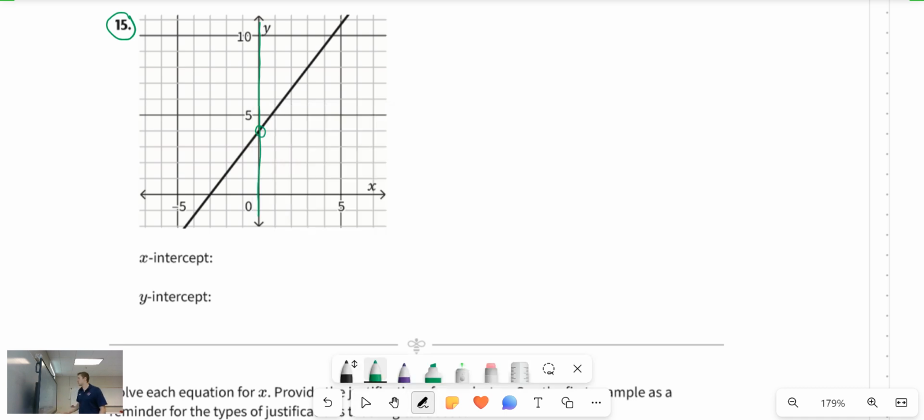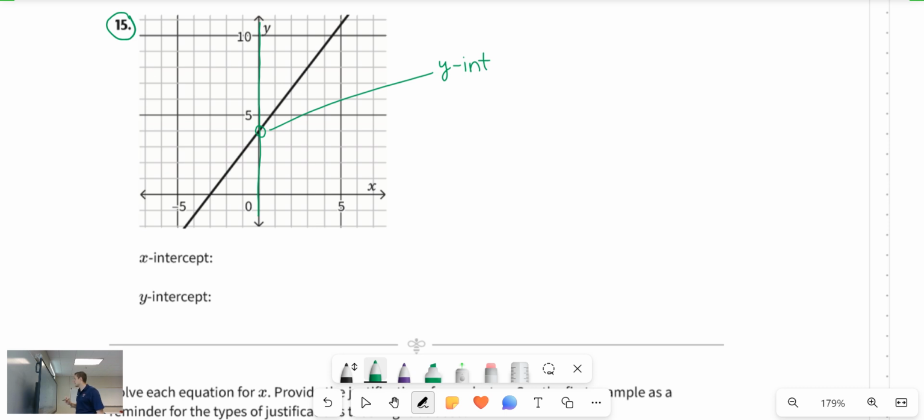So that is the y-intercept, because we're on the y-axis. Oh, we didn't need to do that because there's a spot for it down below.